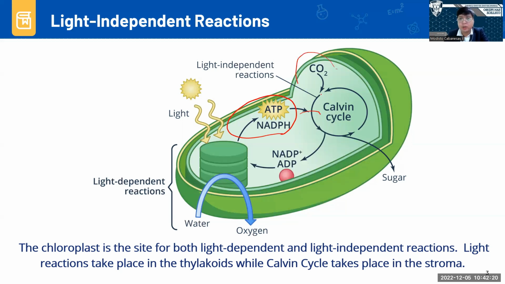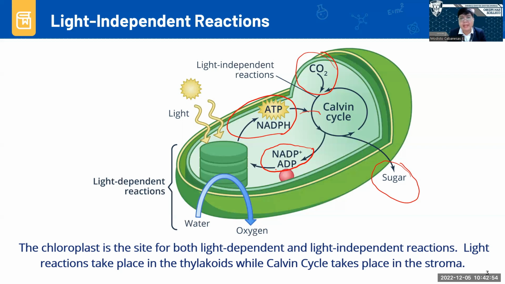Dito din papasok yung carbon dioxide that our plants also need for the process, ultimately producing sugar, which will be used as a food source for plants and other organisms. Also, at the end of the Calvin cycle, yung NADP+, tsaka yung ADP, babalik sila doon sa thylakoid membrane to proceed with the light-dependent reaction.